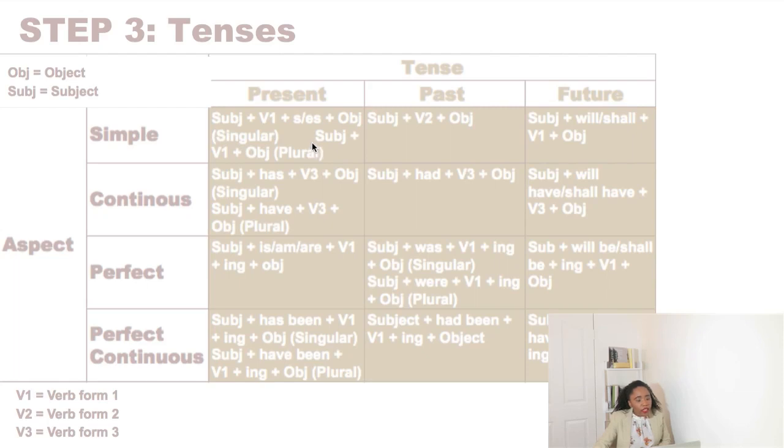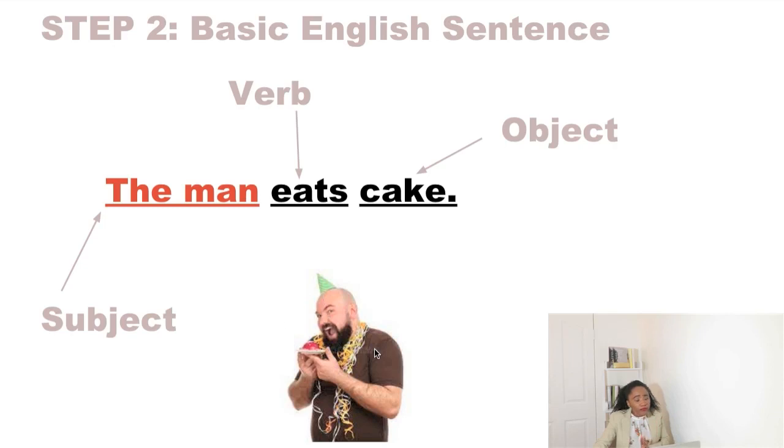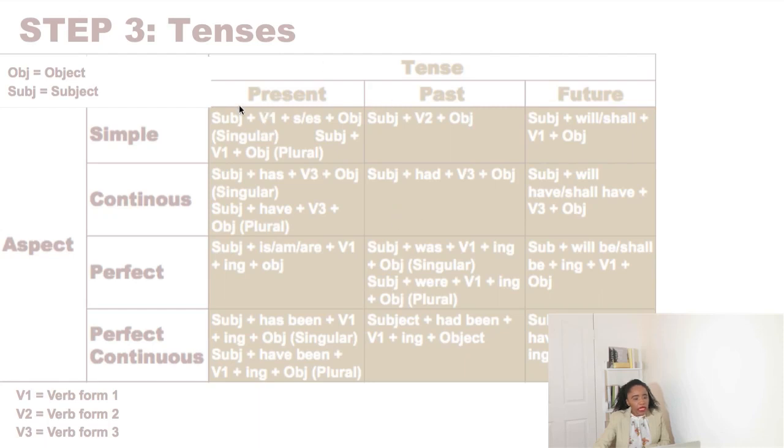So the singular would be as it pertains to one person, like we have in the previous example, which talks about how the man is eating cake. So it says, the man eats cake.